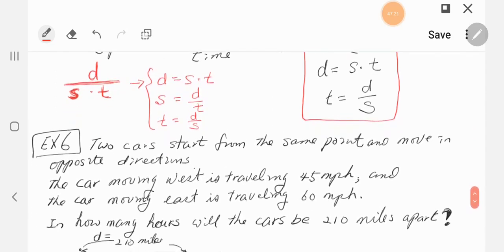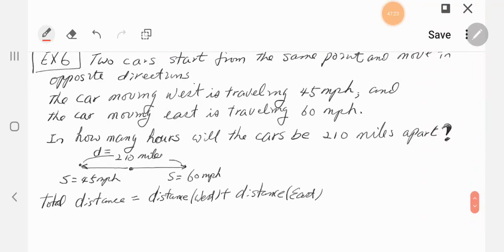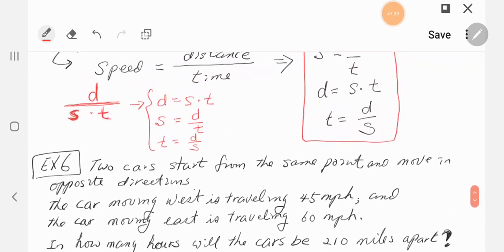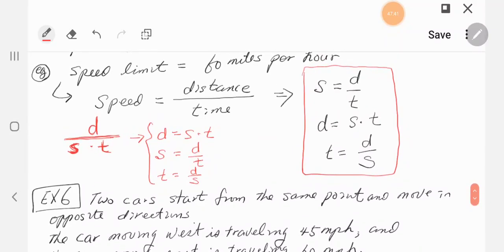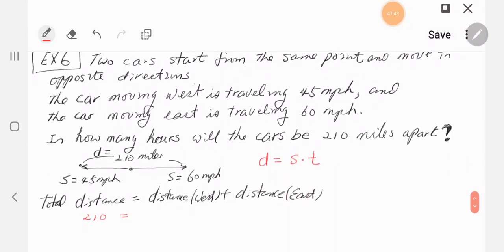All right, based on this information, the total distance is 210. So what's the equation for the distance? Distance is speed times time.